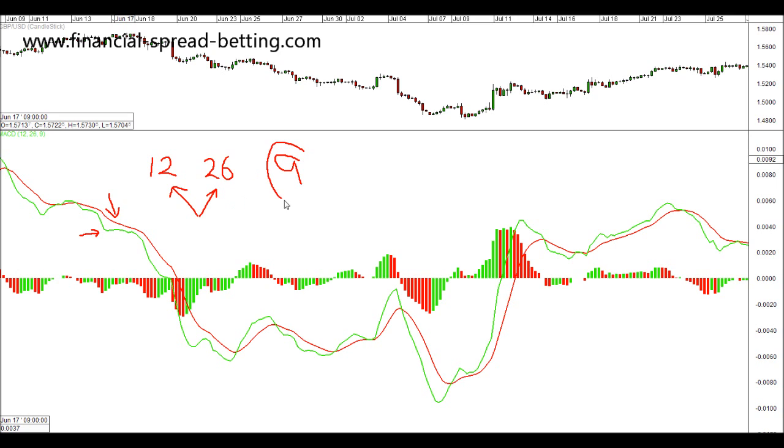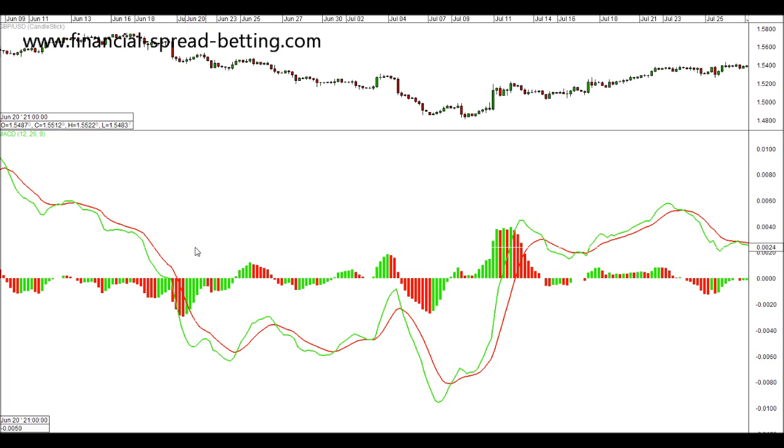So our setting at 9 is the last 9 candles and the difference between these two moving averages.